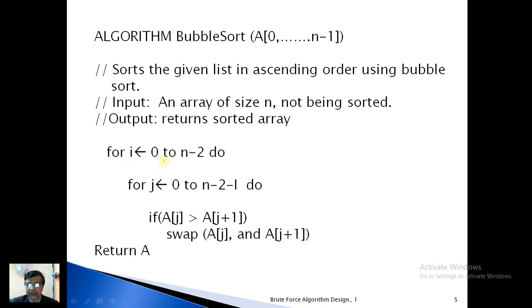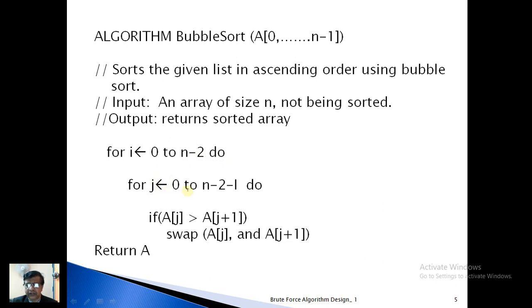For i equal to 0 to n minus 2, do. It is less than n, and it is necessary that all the n minus 1 iterations should take place. Since the numbering starts from 0, and since we use the word 'to', it should be n minus 2. 0 to n minus 2 will also mean i equal to 0, i less than n minus 1, do.